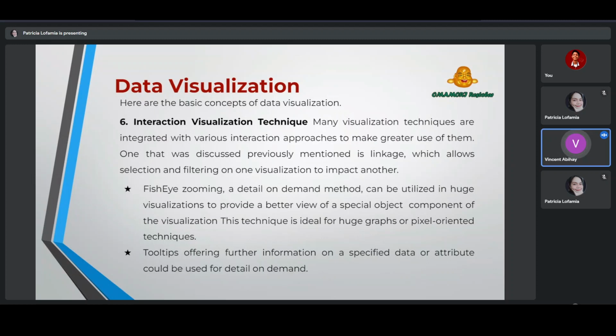A detail on demand method can be utilized in a huge visualization to provide a better view of a special object component of the visualization. This technique is ideal for huge graph or pixel-oriented techniques. Second is the tooltips, offering further information on a specified data or attributes, which could be used for detail on demand.